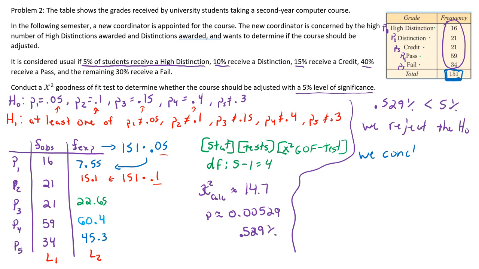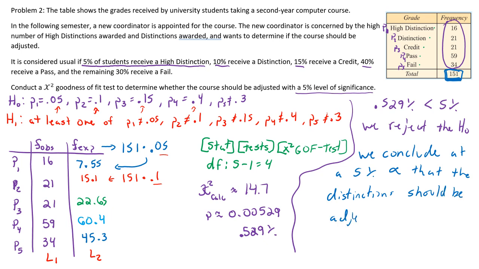We conclude at a 5% significance level that the distinctions should be adjusted. Once again, that's how you do a chi-square goodness of fit test when the probabilities are all different.